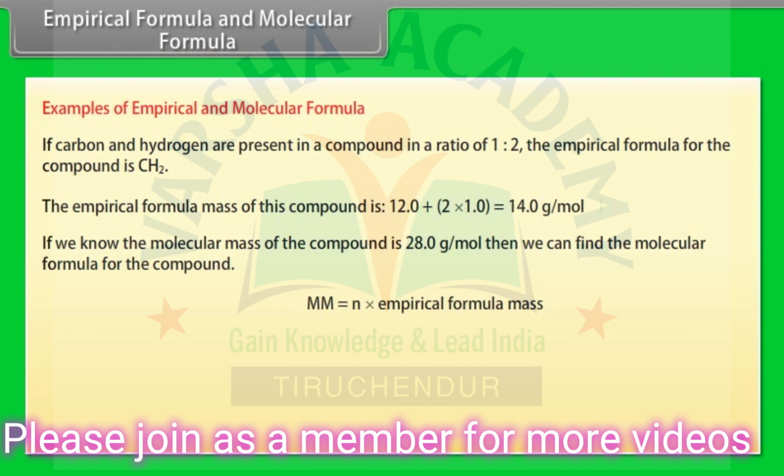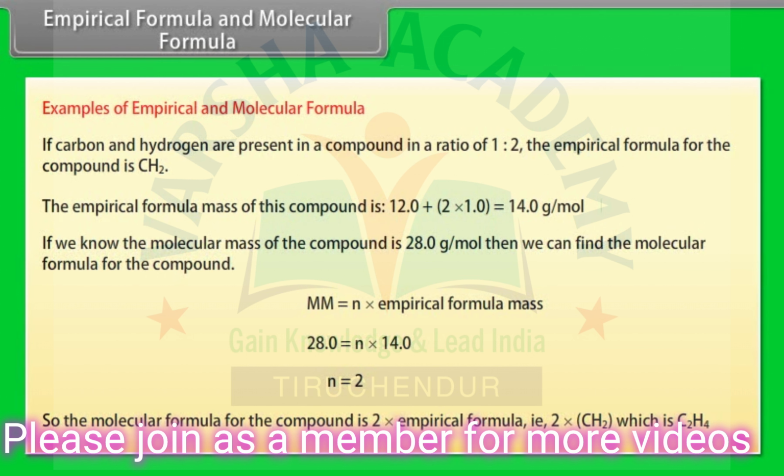MM is equal to n into empirical formula mass. 28.0 is equal to n into 14.0. So n is equal to 2. So the molecular formula for the compound is 2 into empirical formula, that is 2 into CH2, which is C2H4.